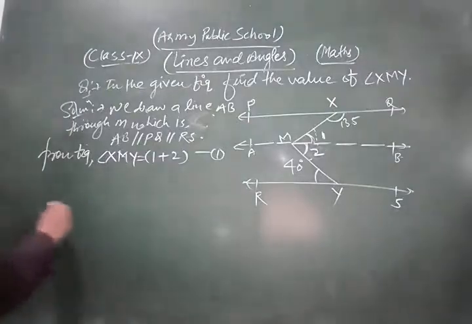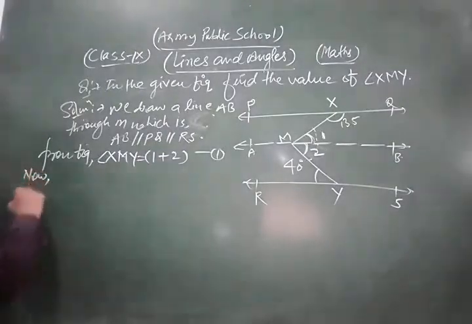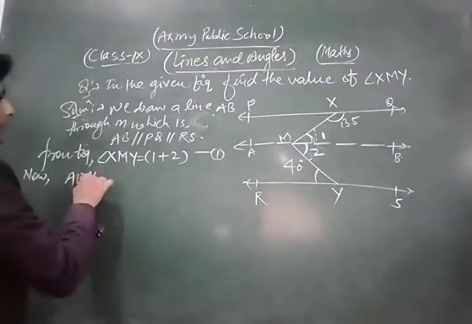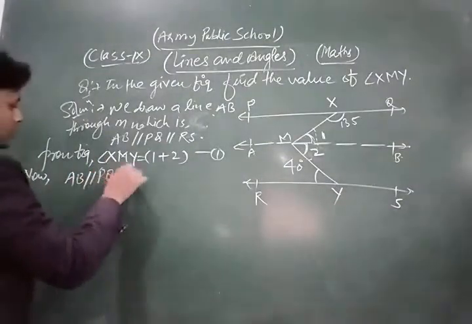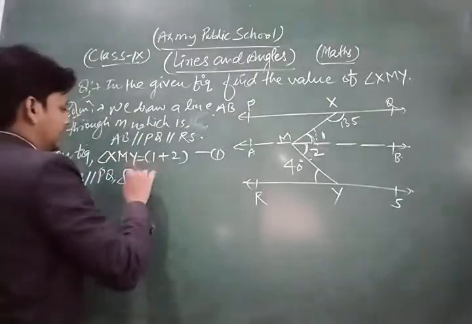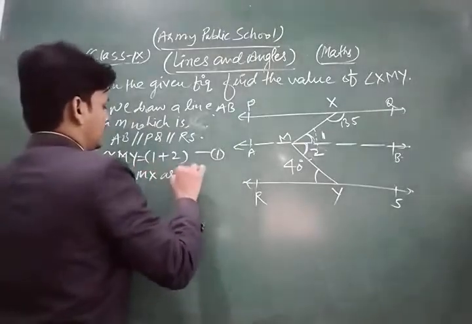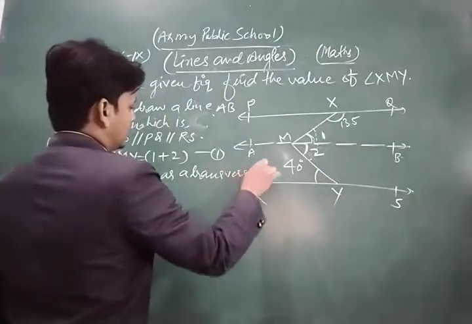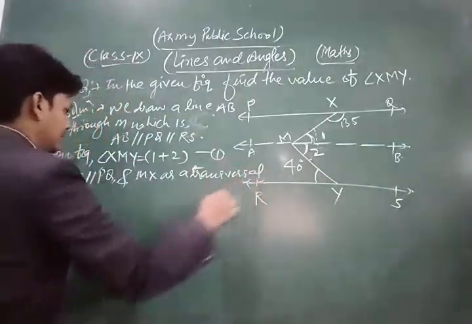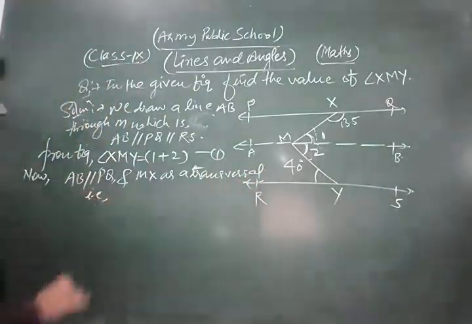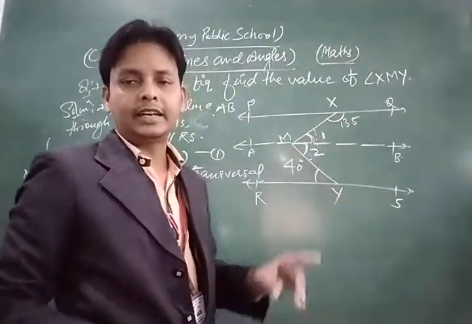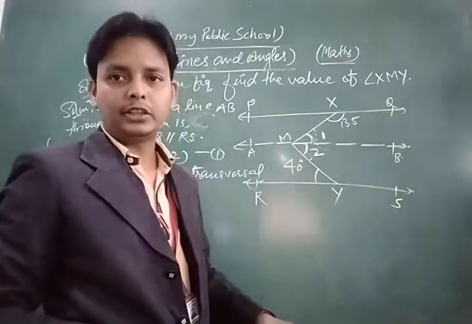Now look, dear friends, we take AB parallel to PQ and MX as a transversal. That is, angle 1 plus angle 135 form a co-interior angle, and these are supplementary to each other.